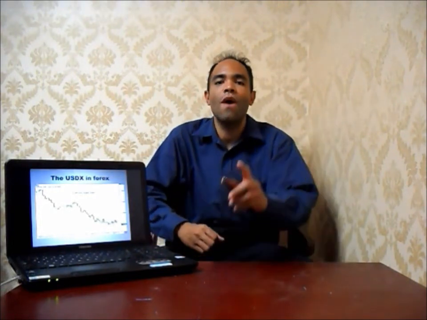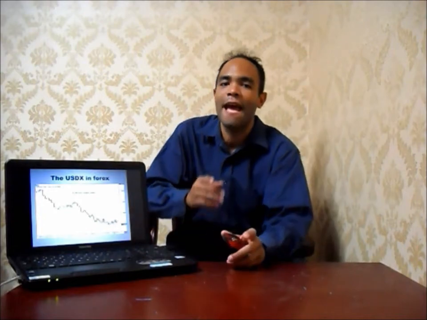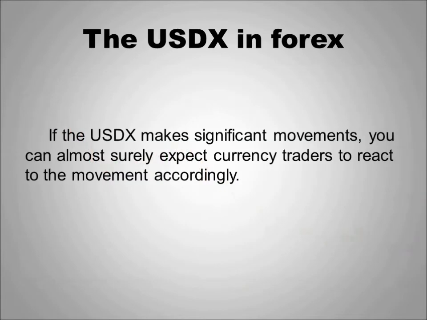So that's why, as we can see here, what happens in the euro dollar pair has the opposite impact, because if the US dollar index is showing great strength, it's going to also show in trading between the euro and dollar.